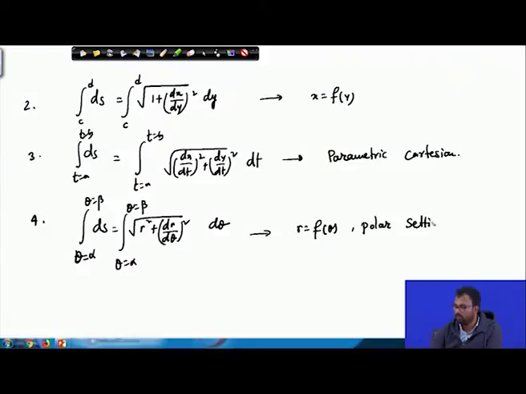So depending on the type of equation that is given to us, we can use one of the formulas. If it is y equals f(x), we use formula 1. If it is x equals f(y), we use formula 2, and if x equals some phi of t and y equals some psi of t, then we will use this formula.